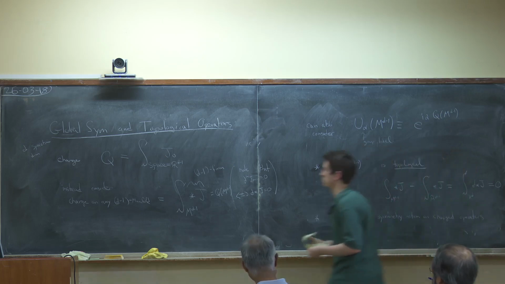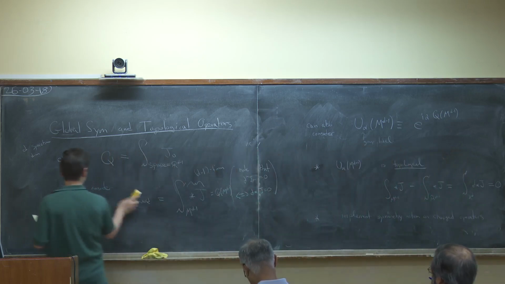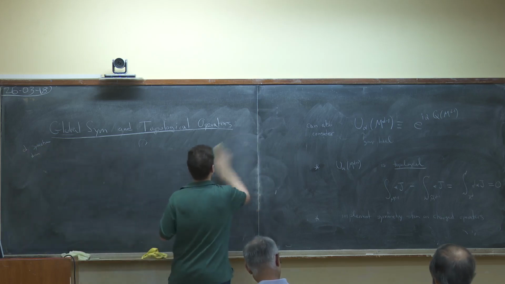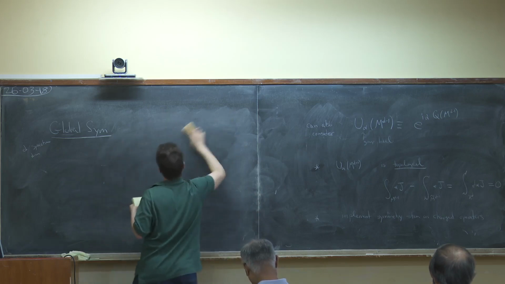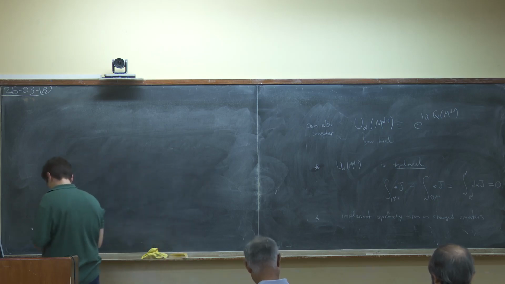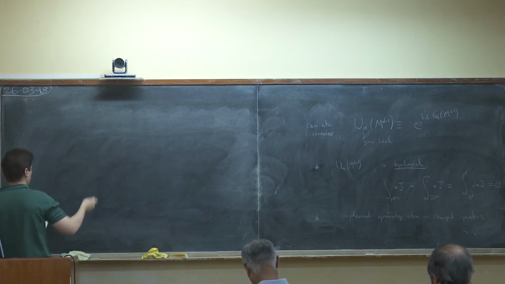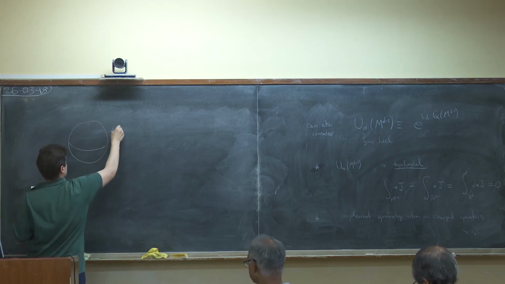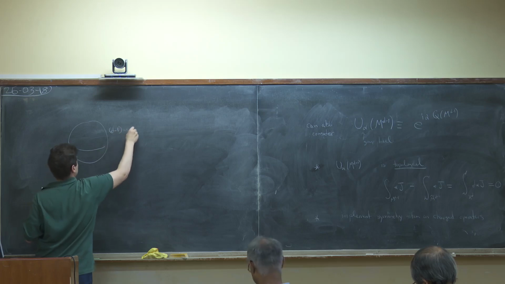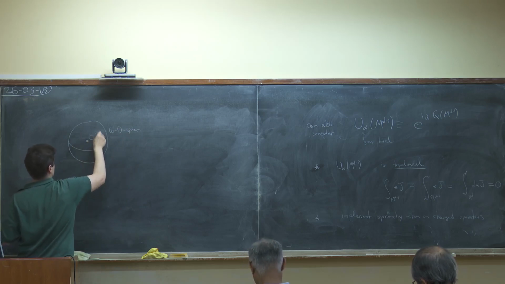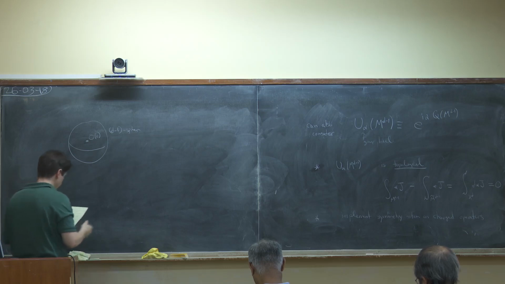Now let's be really in Euclidean signature so we can draw the picture that Shiraz wanted. We can consider a (d-1)-sphere, and inside that sphere, we can put a local operator at the origin.